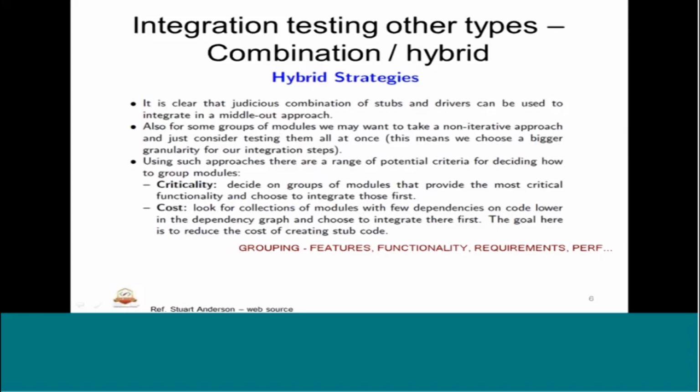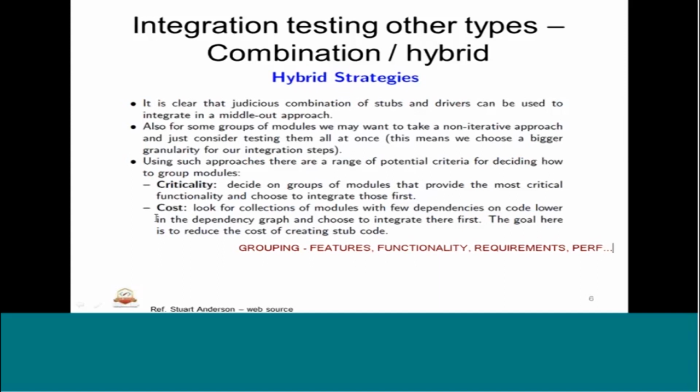What are those? One is the criticality. Decide on groups of modules that provide the most critical functionality and choose to integrate those first. That means we identify critical groups which are very important to test, which are a very important part of the entire embedded system. First you address that, first you group it, then the rest of them will fall. That is one of the deciding factors.